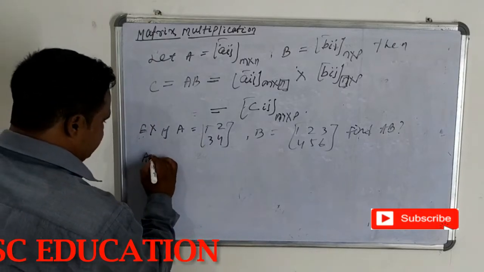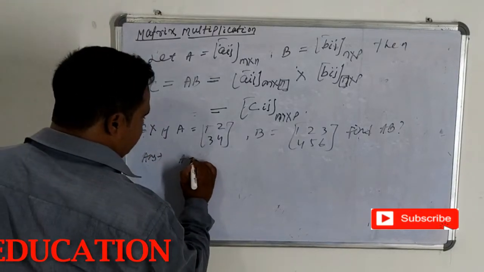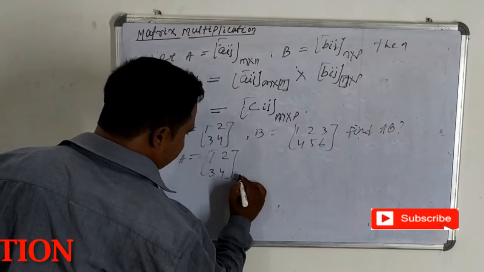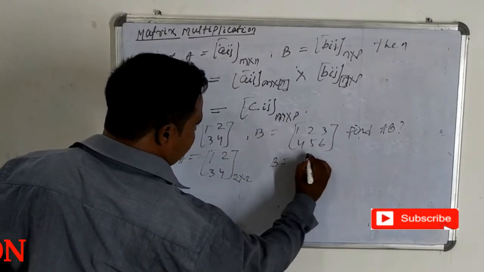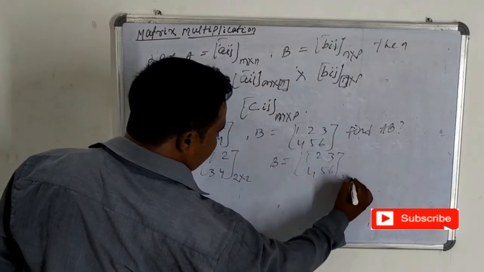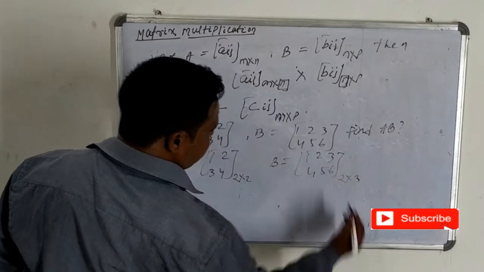First we have to check. A is the matrix 1, 2, 3, 4, and its order is 2 by 2. B is the matrix 1, 2, 3, 4, 5, 6, so it is a 2 by 3 matrix.